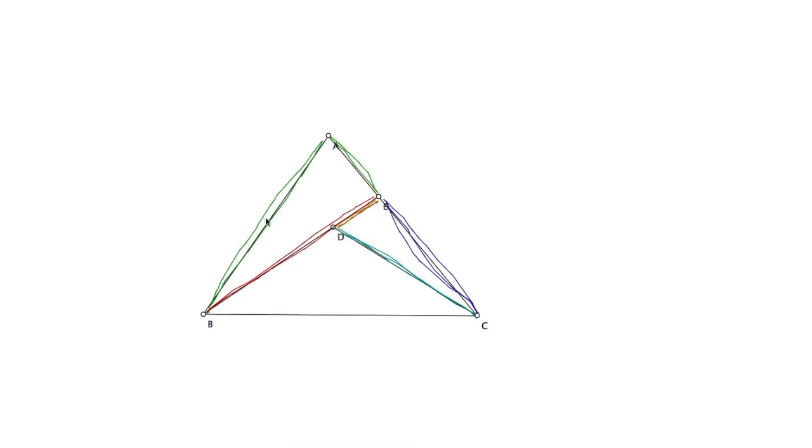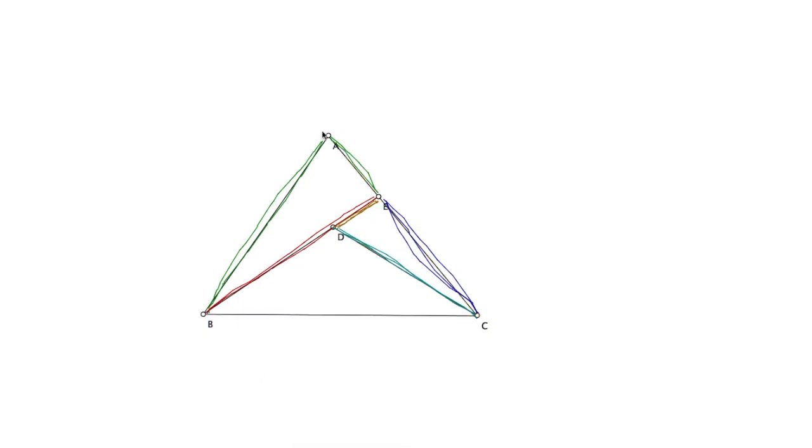So if we put all this together into a single thought, what we end up saying is that therefore BA, AC, we've just proven that that whole piece, BA plus AC, is greater than the two sides BD, DC because, again, of proposition 20.